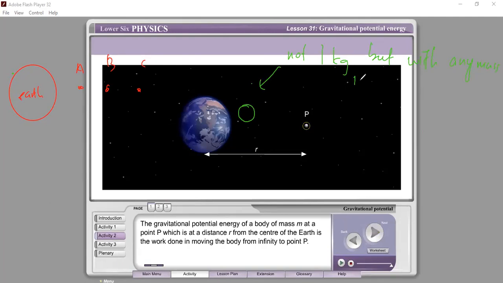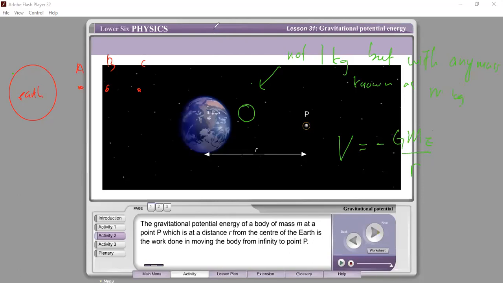Any mass we know as m kg. So that means just now V is equal to negative G Me over R. Correct or not?